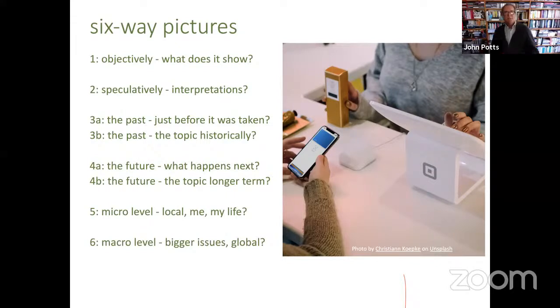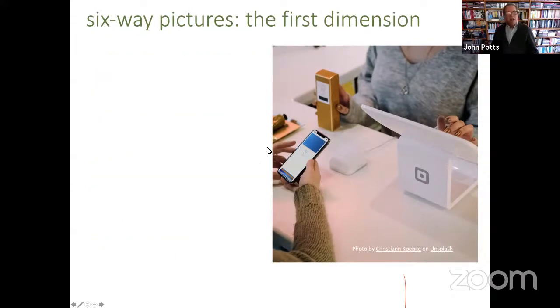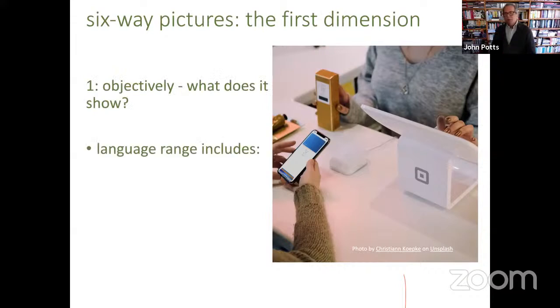Okay, all right. So let's have a look at the next one. We've got the 6 dimensions there, so let's now go through them again. The first one, the objective dimension, we've done that. The language for the objective dimension will include things like present tenses. There are 2 ladies.